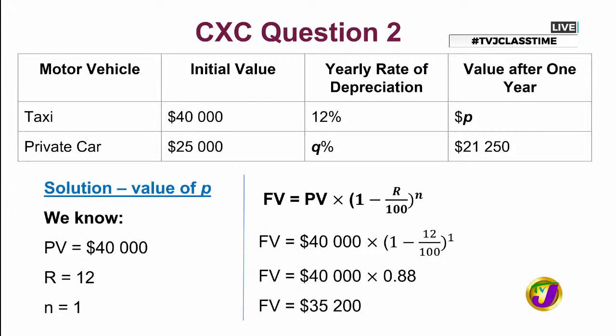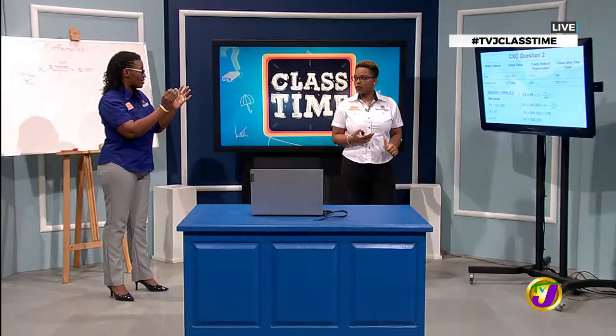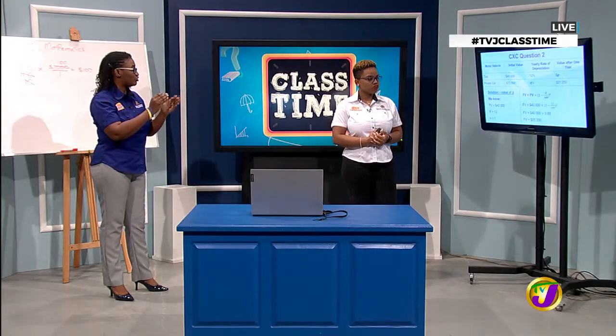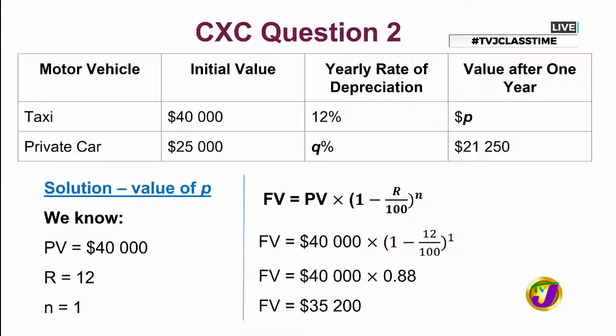All right, so when we have simplified from our substitution, we should get $35,200. And I want to point out something here, Latoya. Earlier, when we looked at the value inside the bracket, we had 1 and we're subtracting 1200, right? Yes. The result of that is actually 0.88. Now remember, we said that our initial value, our starting value, is represented by 100% or one whole.